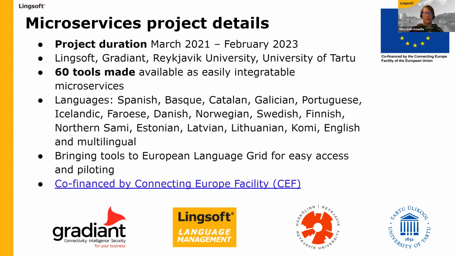So first of all, a bit about the infrastructure. This is a simpler diagram than the one that Tina showed before, but the idea is the same. The user will interact with an API that is inside the ELG Kubernetes cluster.